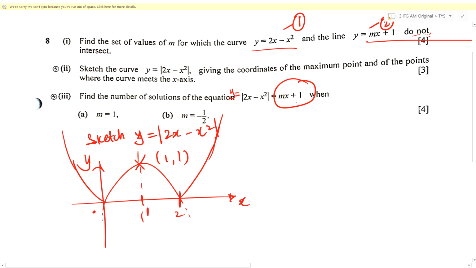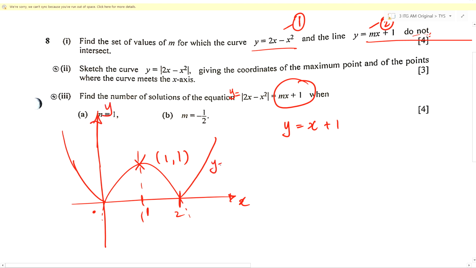In part A, y equals m, which is 1, x plus 1. Y equals x plus 1. I know it's going to be a straight line. It is going to slope up.